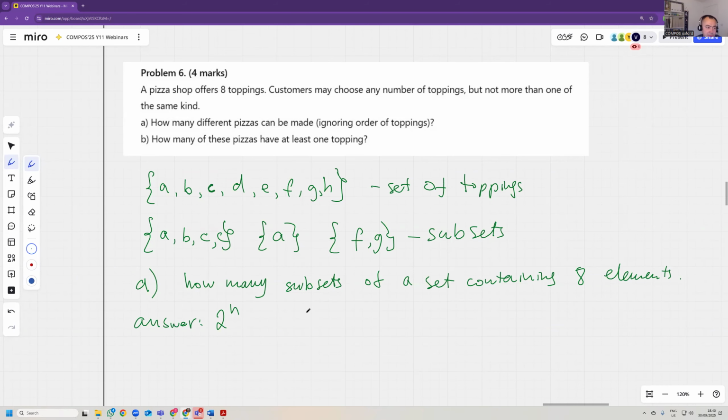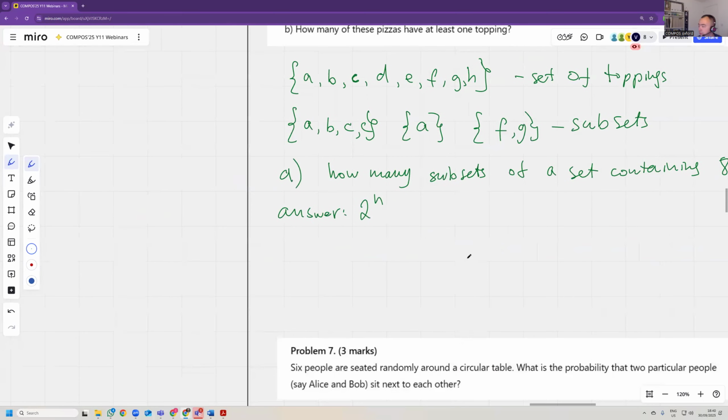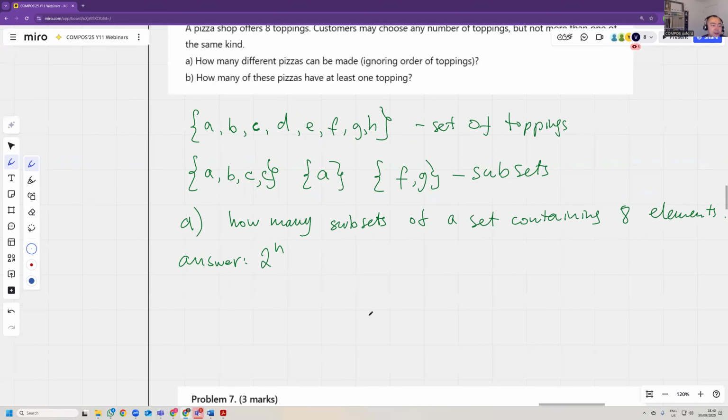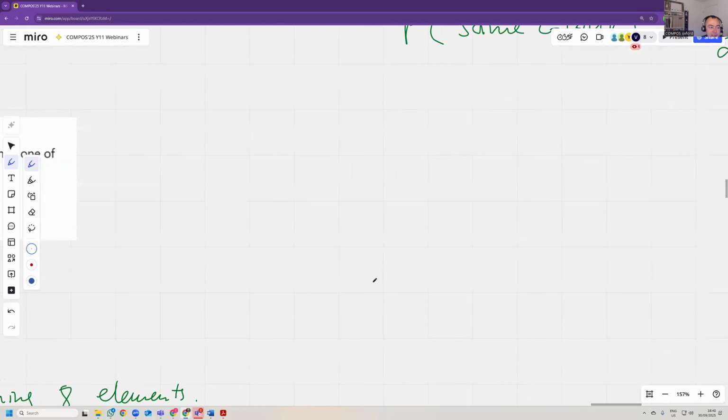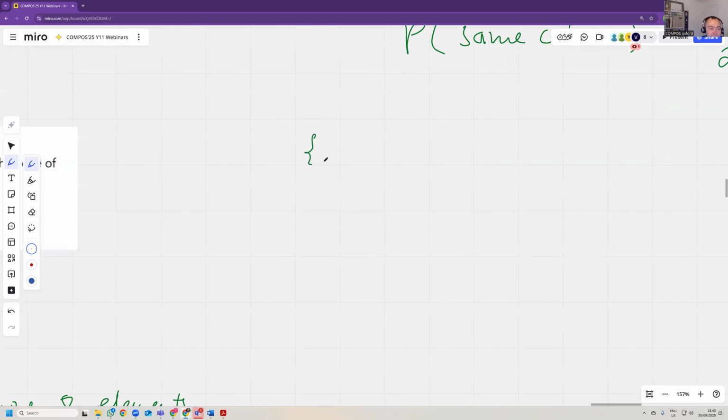But how do we arrive at this number? Well, we speak about it in the assignment. There are 2 to the power n subsets of a set. So let's look at a simple set of 3 elements, A, B, C. My claim is that there are 8 subsets of this set.